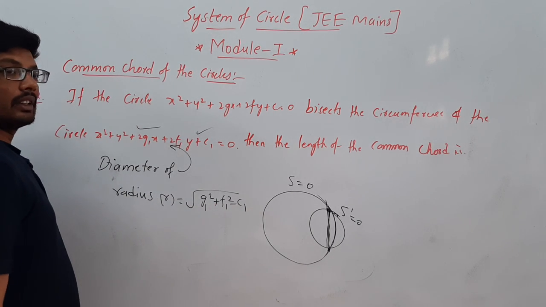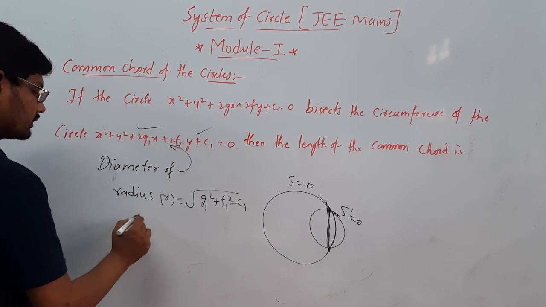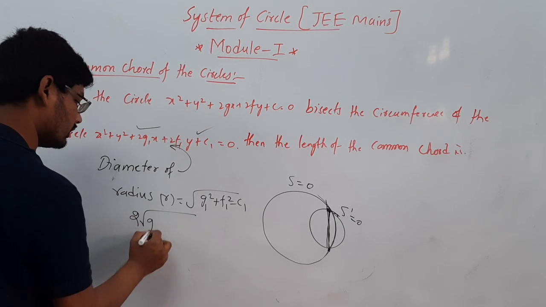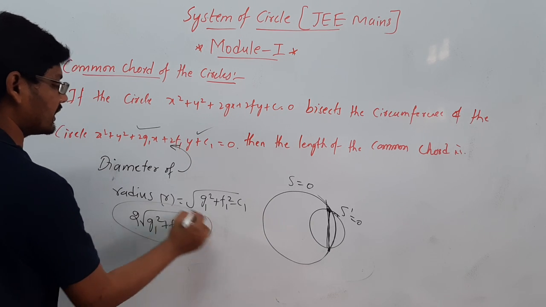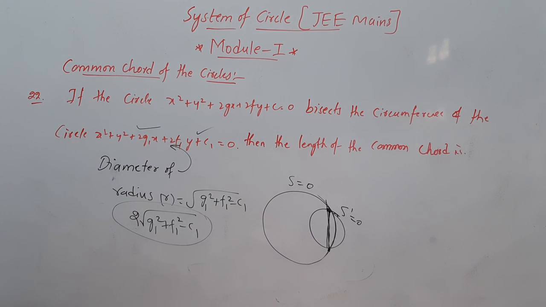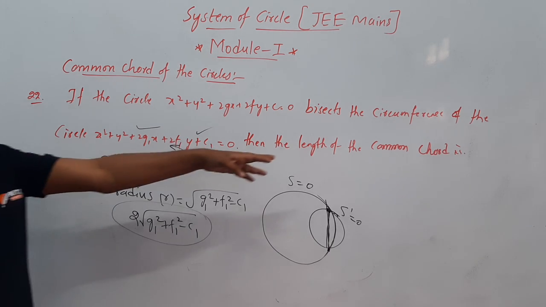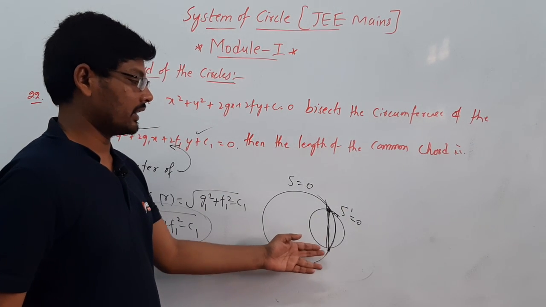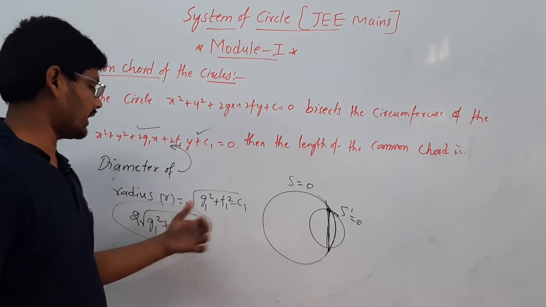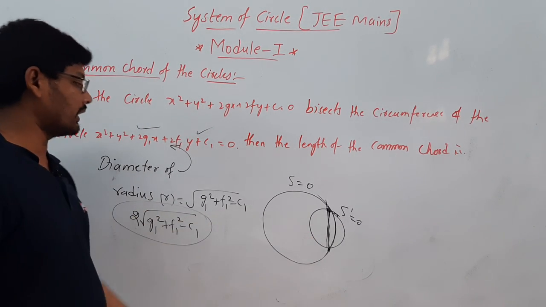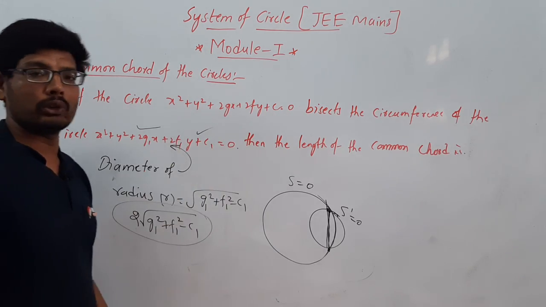Diameter is double the radius, 2 into square root of g1 square plus f1 square minus c1. This is the diameter of the circle here. This diameter is nothing but the common chord for both the circles.